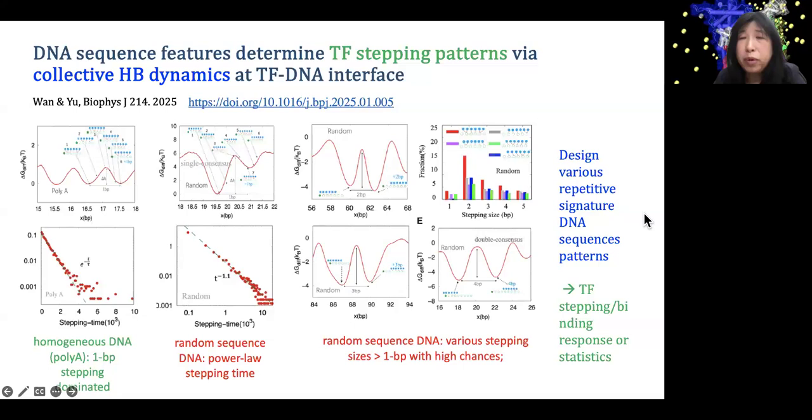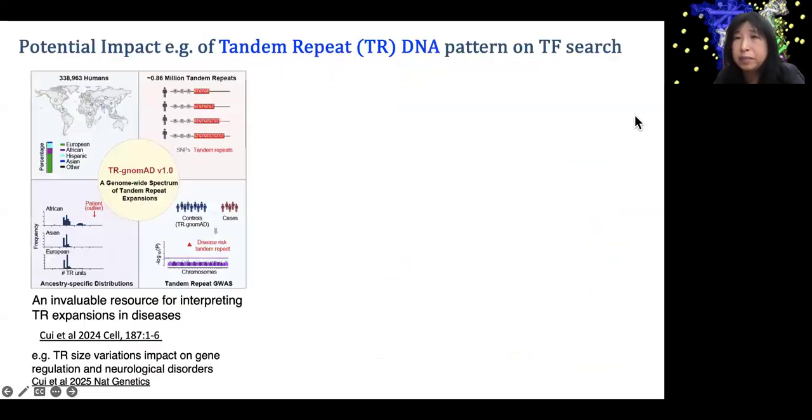If we really want to test it experimentally, we likely will need to design some repetitive signature patterns on the DNA, do the simulation, and see whether experiments can detect some characteristic of the pattern.